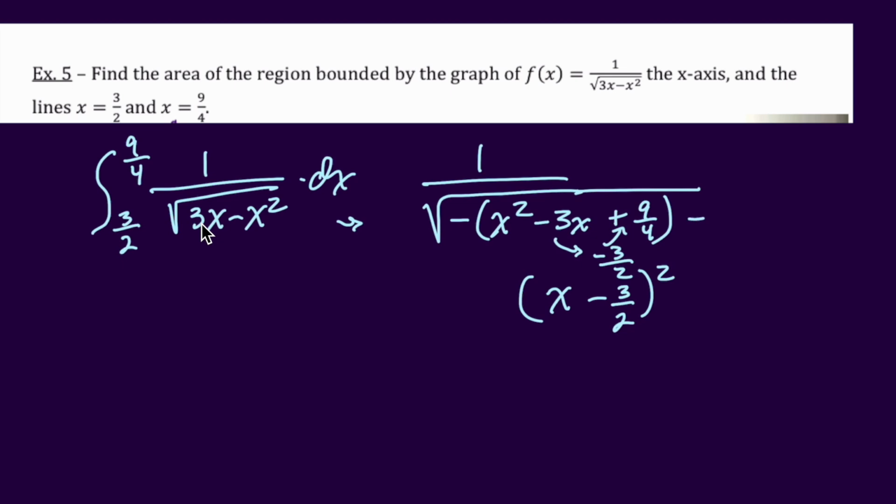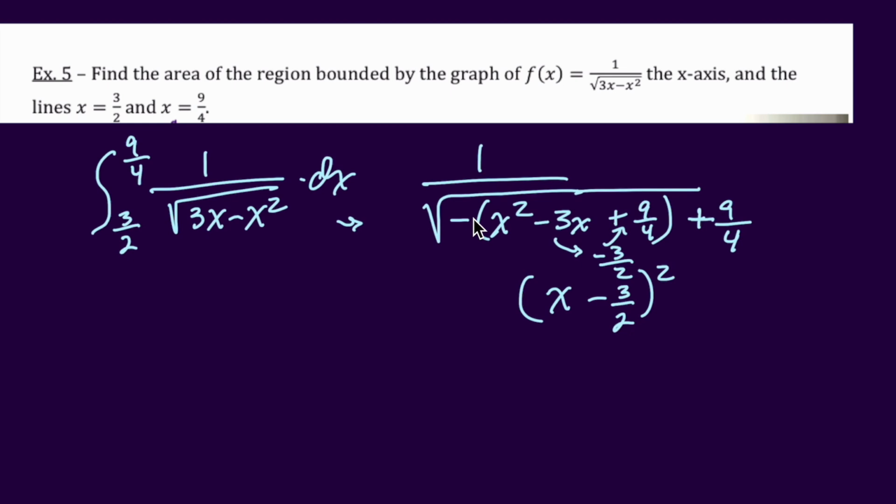And as a result, we're going to compensate by subtracting 9/4. But we got to be very careful here because we didn't add a 9/4, we added a negative 9/4. So we compensate by adding a 9/4. Again, that negative means we added a negative 9/4 to the situation, plus 9/4 neutralizes that.